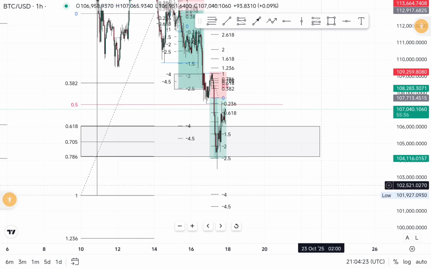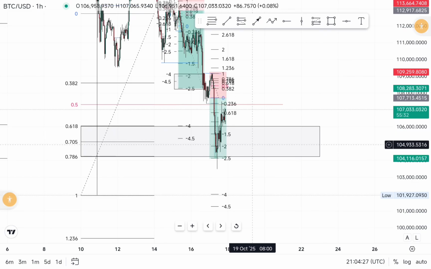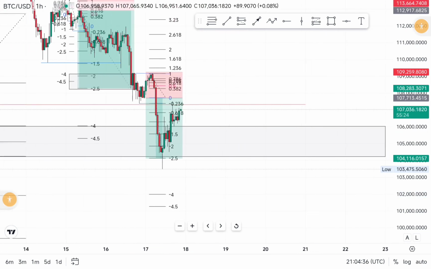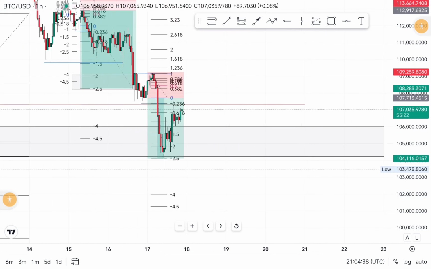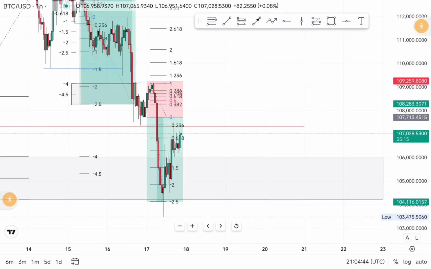which satisfies the initial daily pullback to 0.618 and 0.708, 0.786 region.